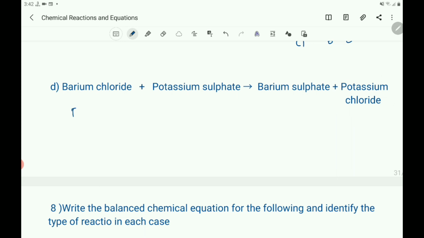Its molecular formula is BaCl2, plus potassium sulfate. Molecular formula of potassium sulfate is K2SO4, gives barium sulfate BaSO4, plus KCl.